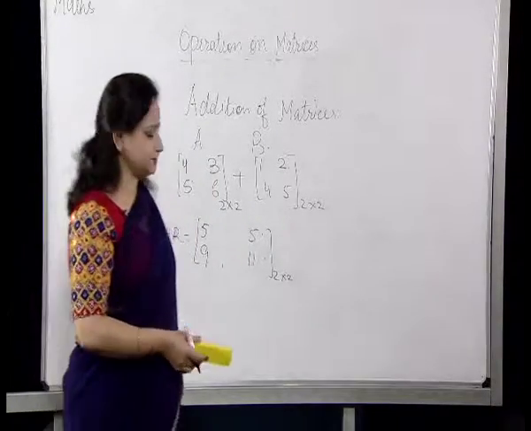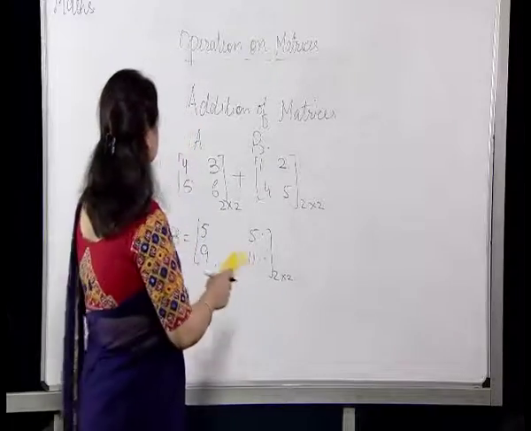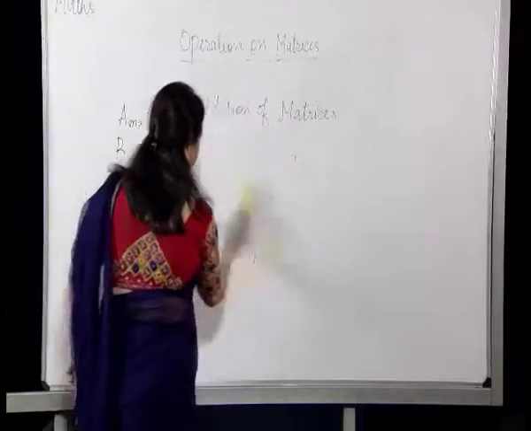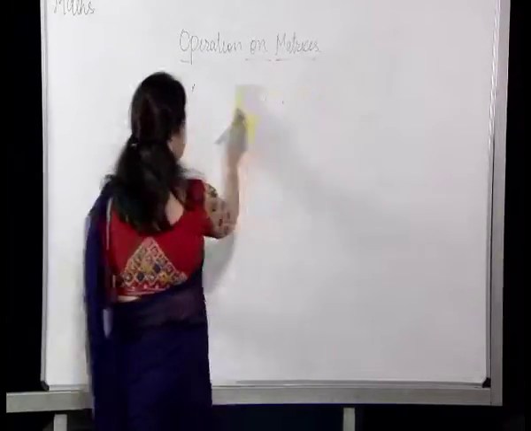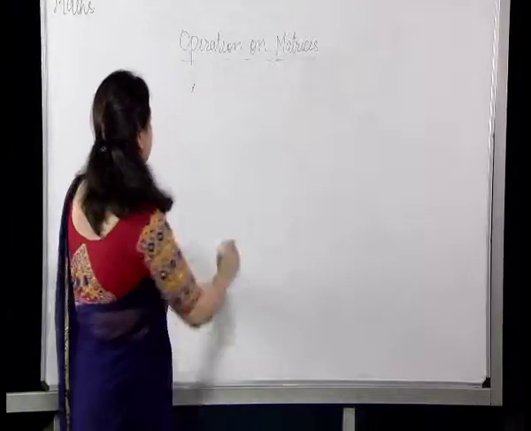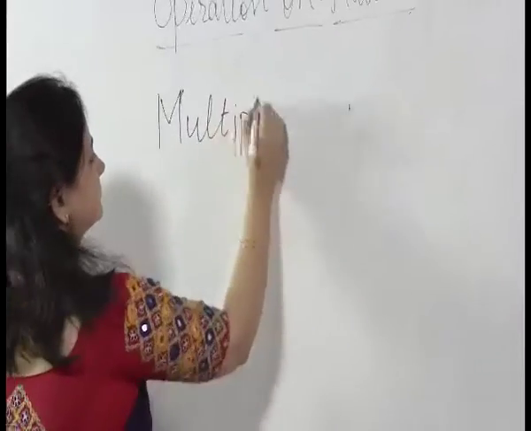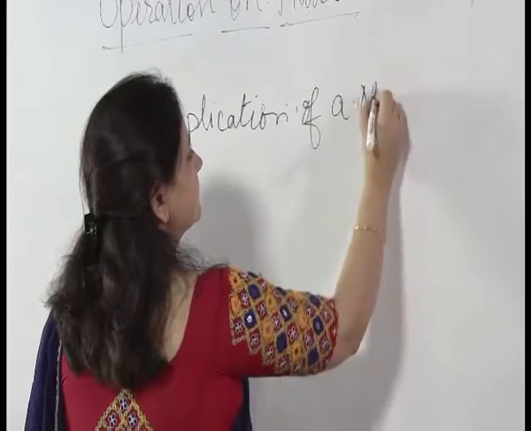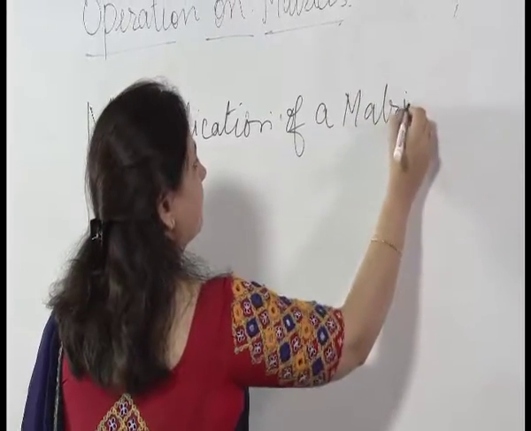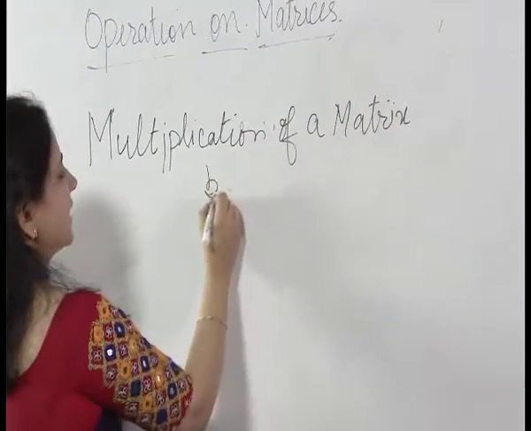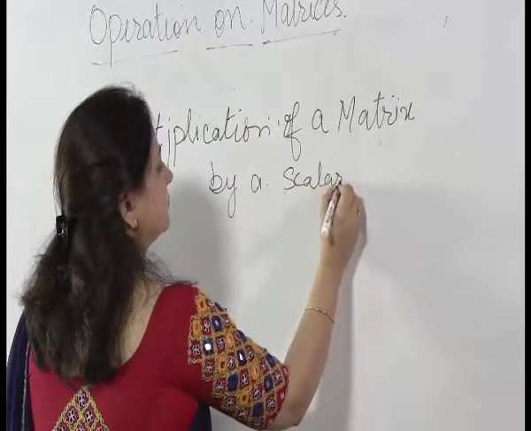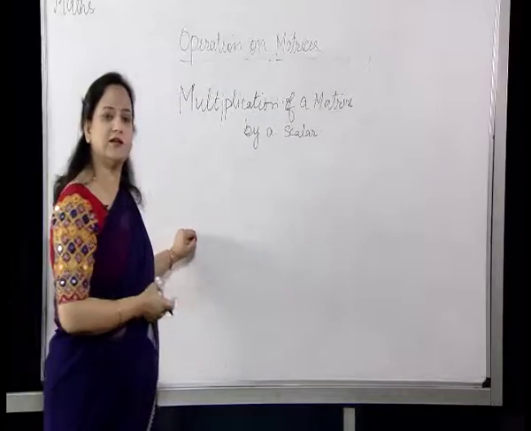Next is, after addition of the matrices, next is multiplication of a matrix by a scalar. Scalar is a constant.